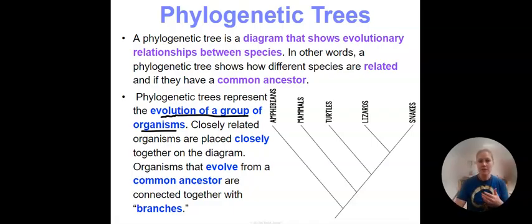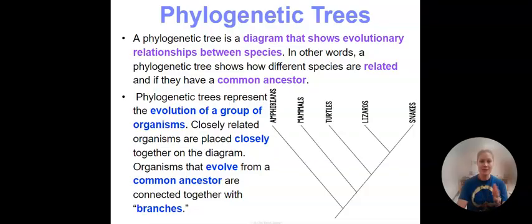If the organisms are closely related to each other, then they will be placed closely together on the diagram. Organisms that evolve from a common ancestor are connected with branches. All of these organisms branch from a common ancestor right down here at the bottom of this phylogenetic tree.